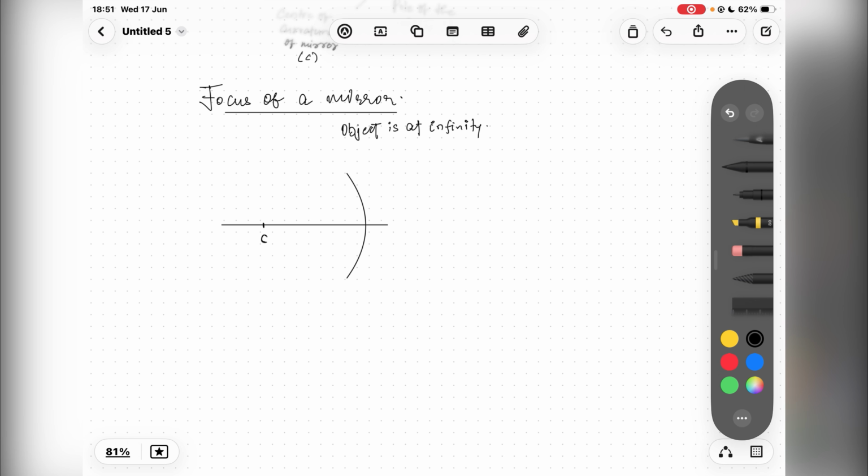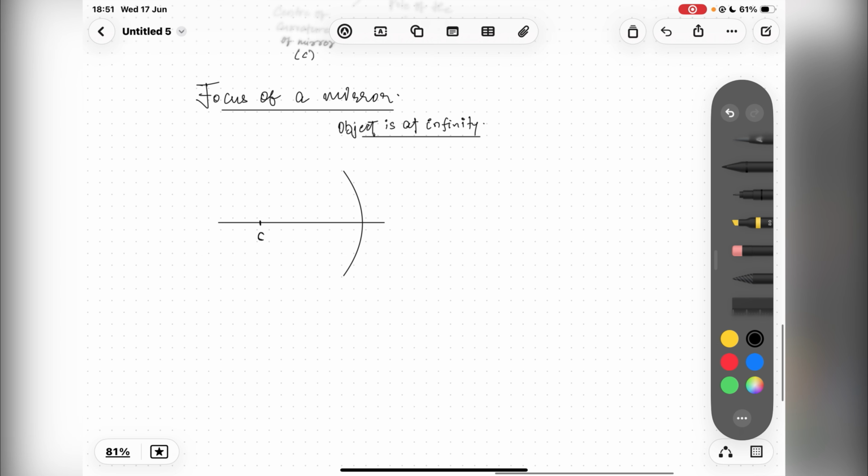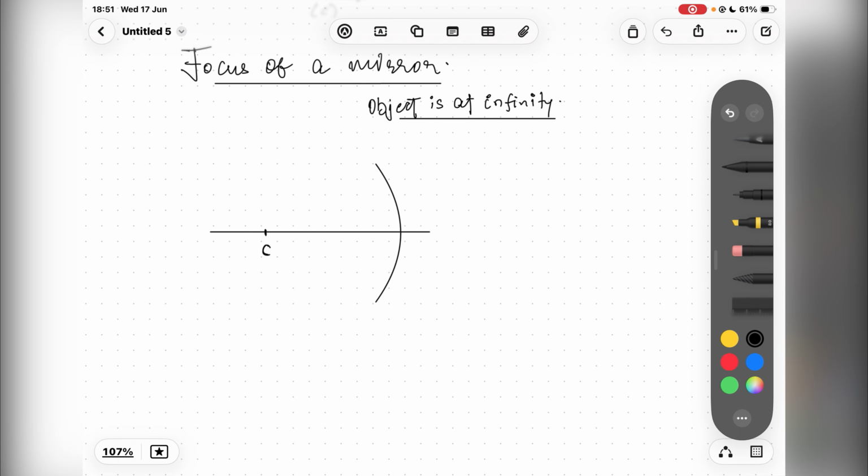Not that it is actually at infinity, but as compared to the length of the center of curvature of the mirror, the distance of the object is far greater in magnitude. In that case, the rays that will come from that object will be considered parallel. And parallel to what? Parallel to the principal axis.